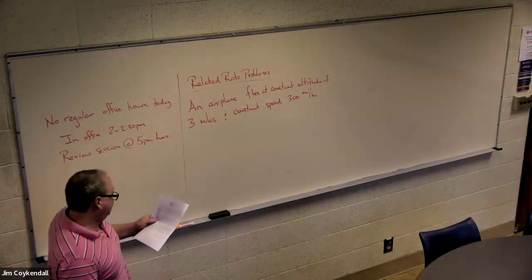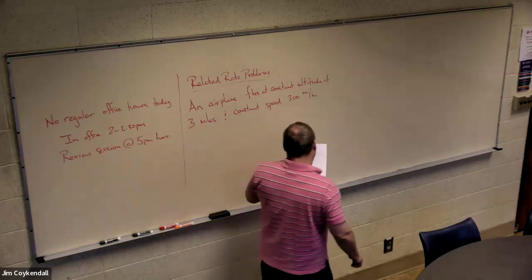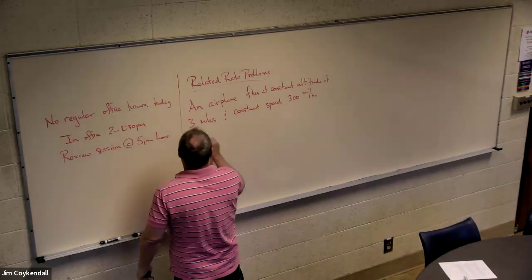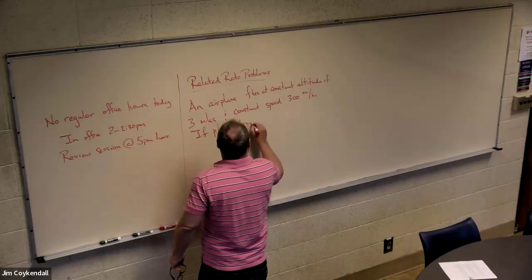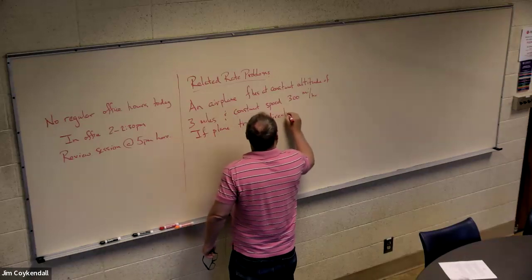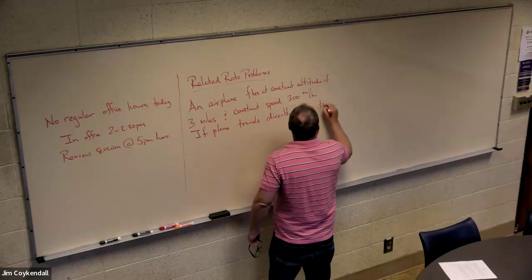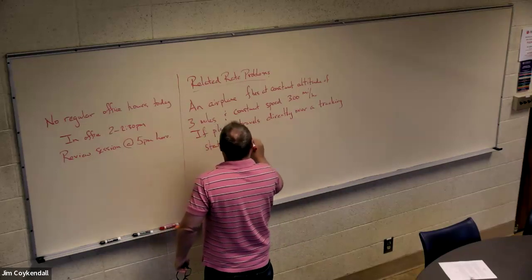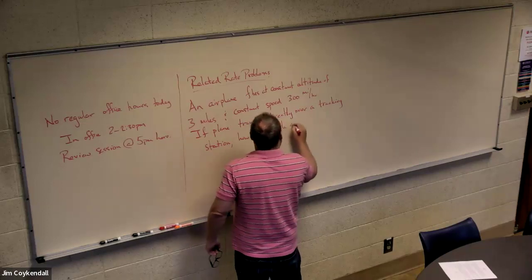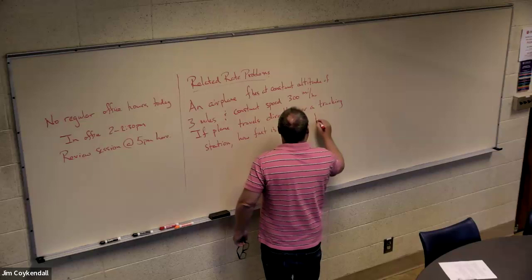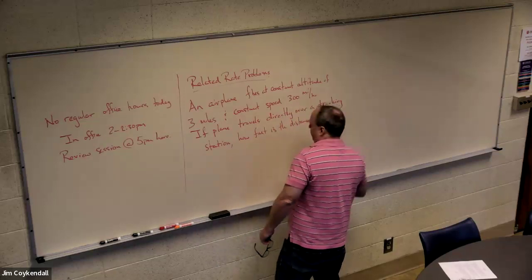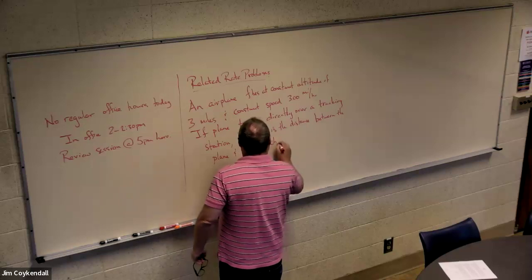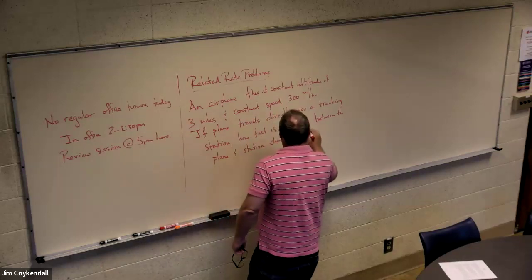If the plane passes directly over a tracking station on the ground, how fast is the distance between the plane and the station changing 48 seconds later?